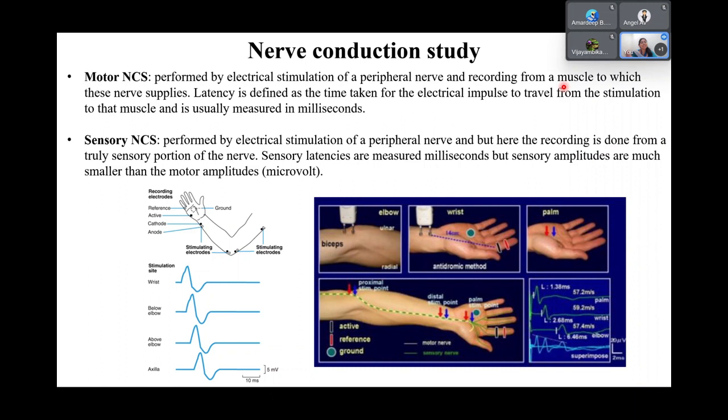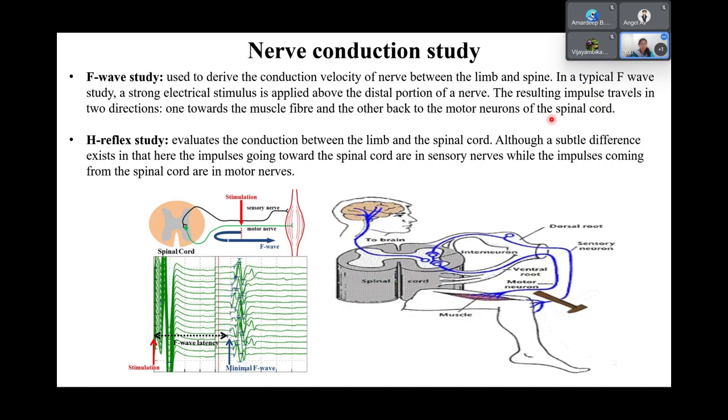and the response or the resulting impulse moves in two directions. One towards the muscle fiber, basically the limb, and the other towards the spinal cord. So you have the spinal cord and the limb system both being part of this study. But the other study, which is the H reflex study, which again is between the limb and the spinal cord.